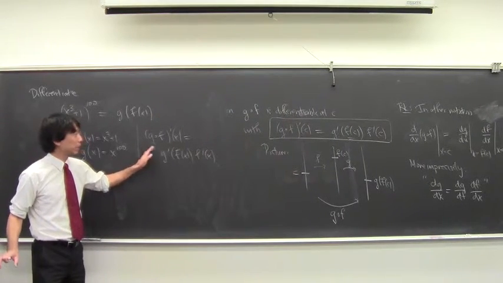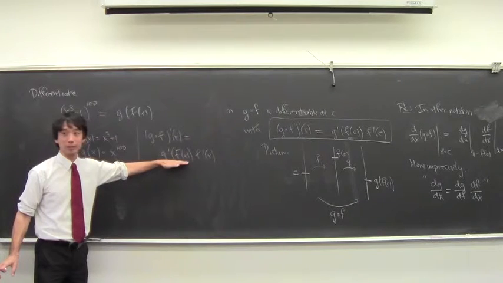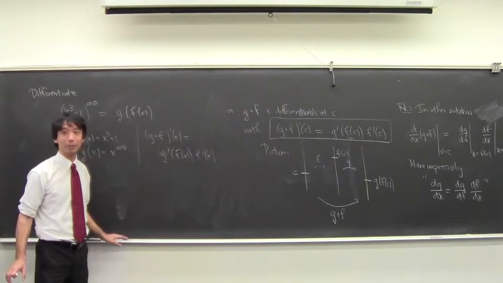So take 30 seconds or 20 seconds or however little time you need. Write down what this is going to be: g prime at f of x times f prime of x.